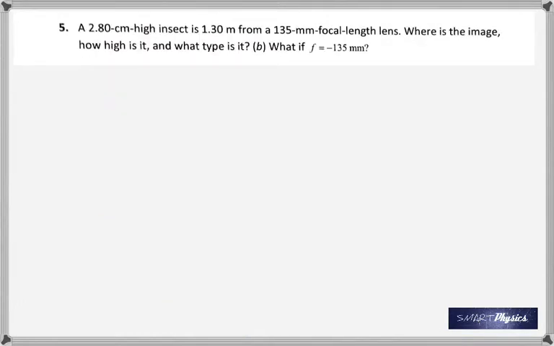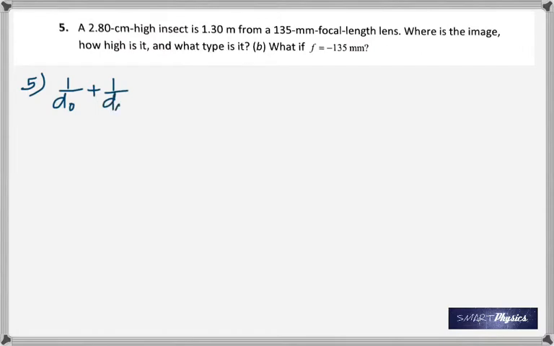A 2.8 centimeter high insect is 1.30 meter from a 135 millimeter focal length lens. Where is the image? How high is it and what type is it? B part, what if f is minus 135 millimeter? Straightforward question. DO is given 1.30 meter.